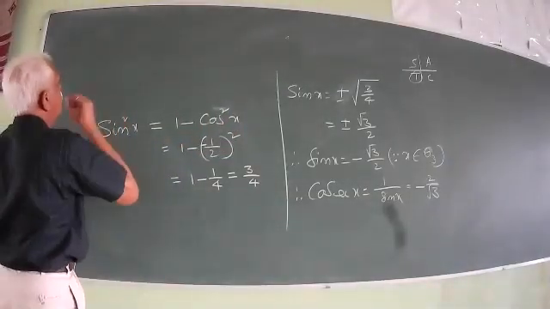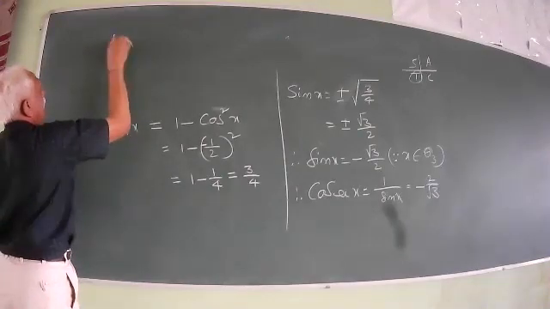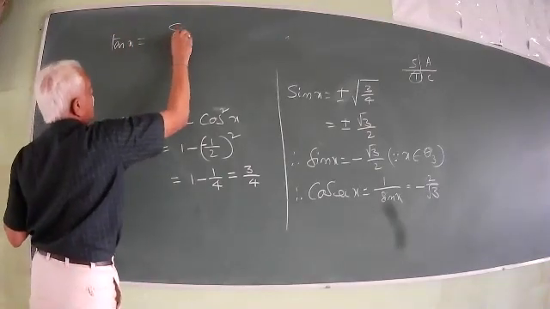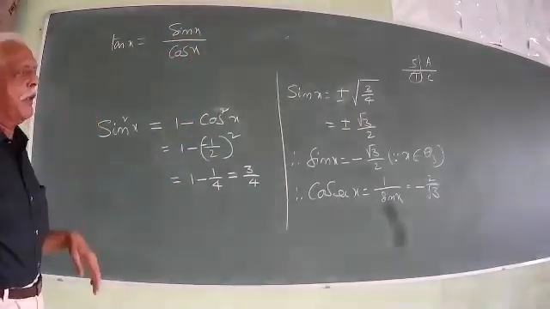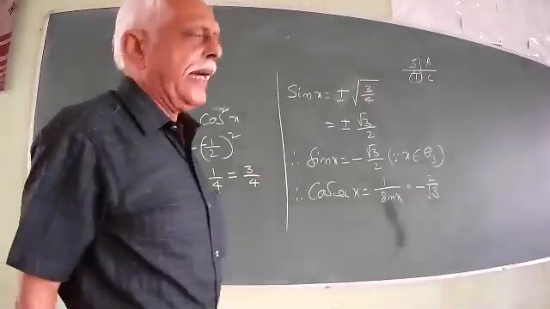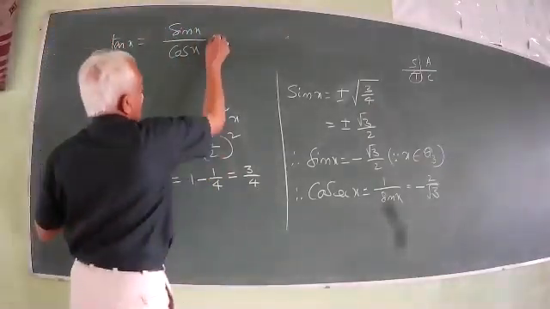We know that tan x is equal to sin x by cos x. We know the values of sin x and cos x. Substitute them. Sin x is how much?